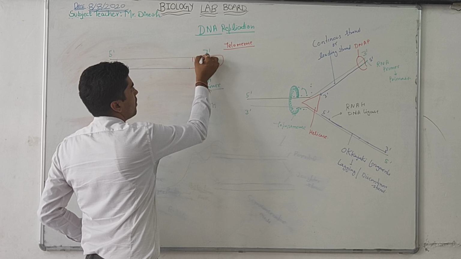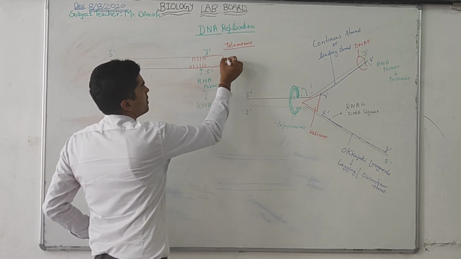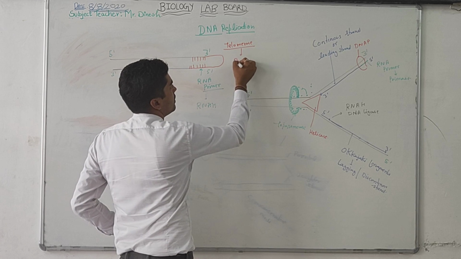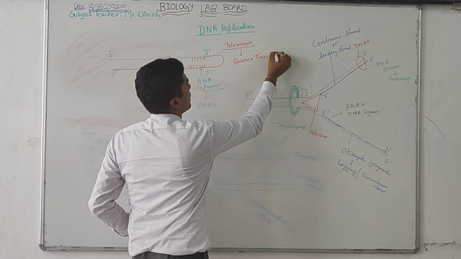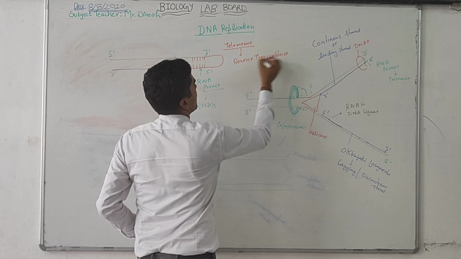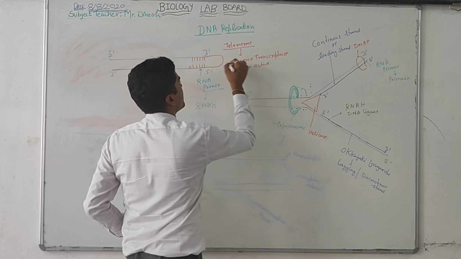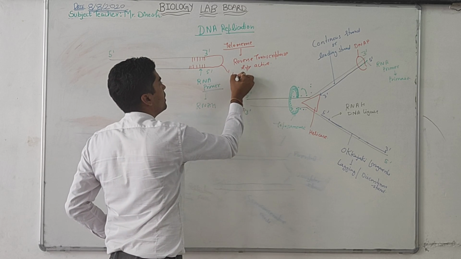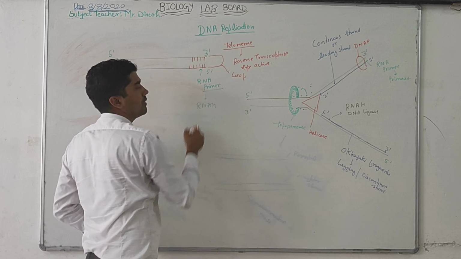This sequence will be complementary to this one here. So the telomerase enzyme has reverse transcriptase type activity, and it forms the loop. After some time, this loop will be removed and this strand will be complete.